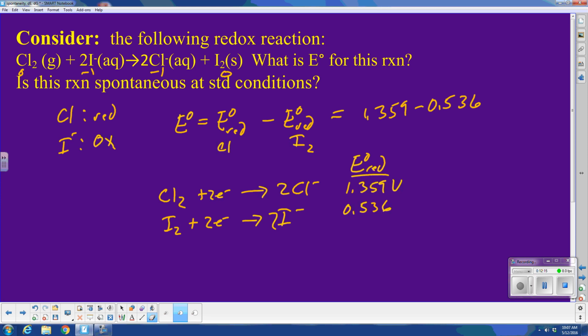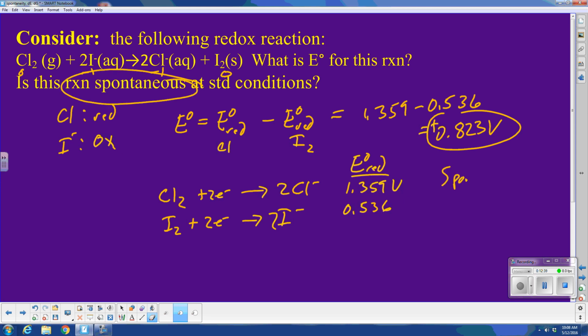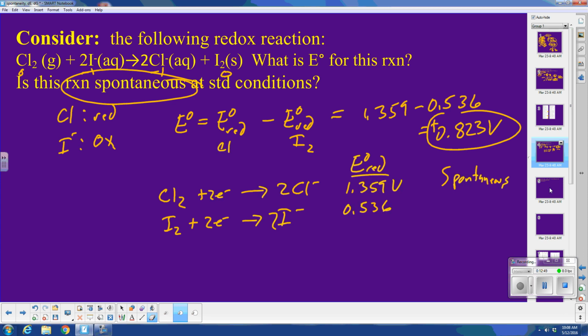And what do we get for that? 1.359 minus 0.536 equals 0.823 volts, and that is a positive. Since it is positive, that means this reaction is spontaneous. It is spontaneous. Great.